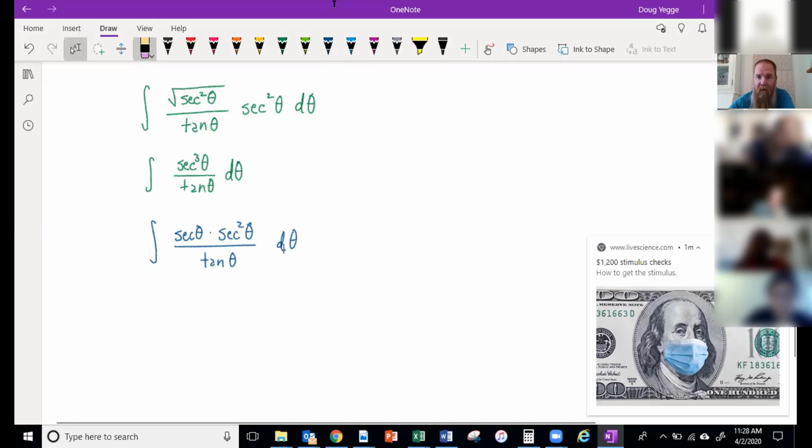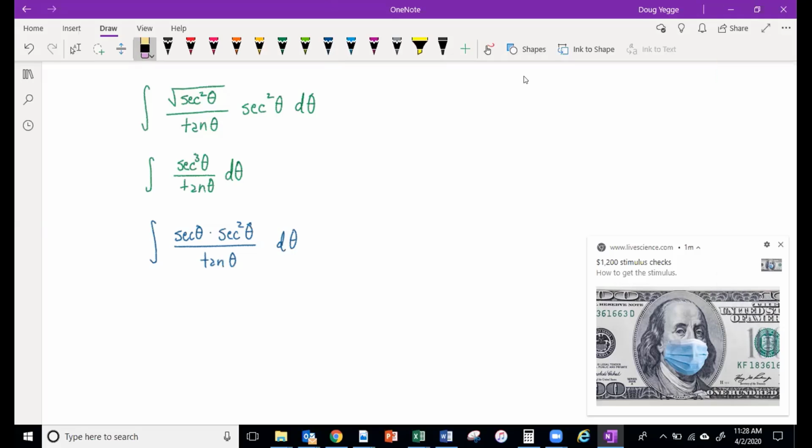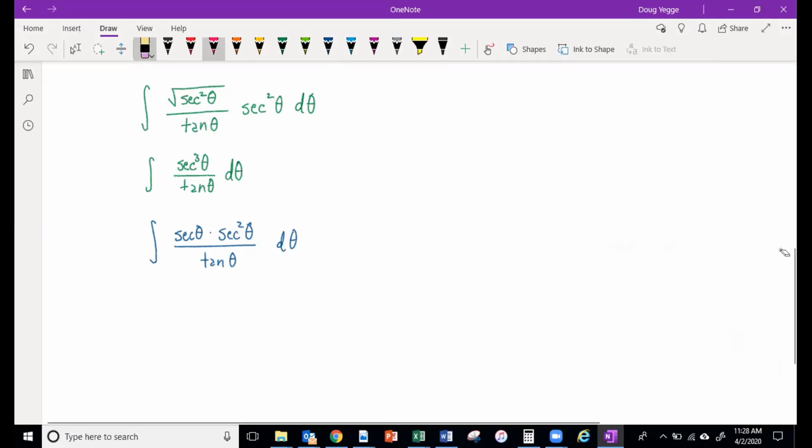I'm gonna go ahead and try this before we do what Sean just mentioned. Okay. And I'm gonna do some changing here. So let's make u equal tan theta. Then that would mean that du is equal to secant squared theta d theta.